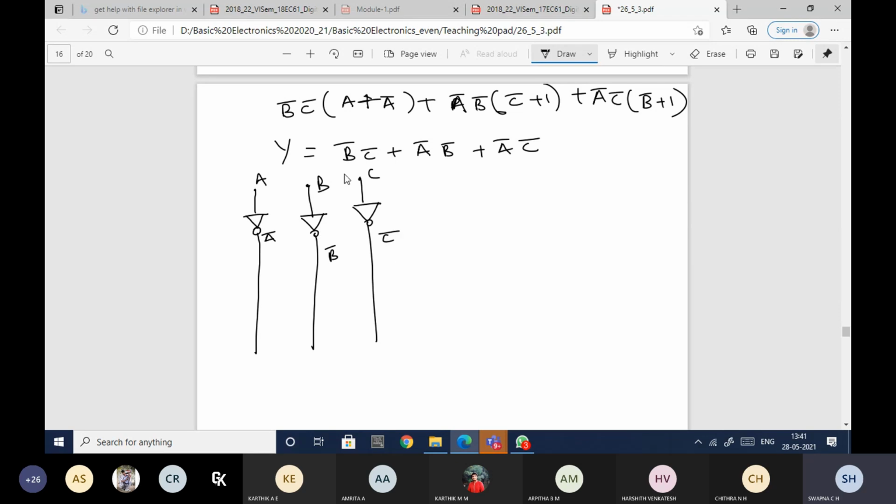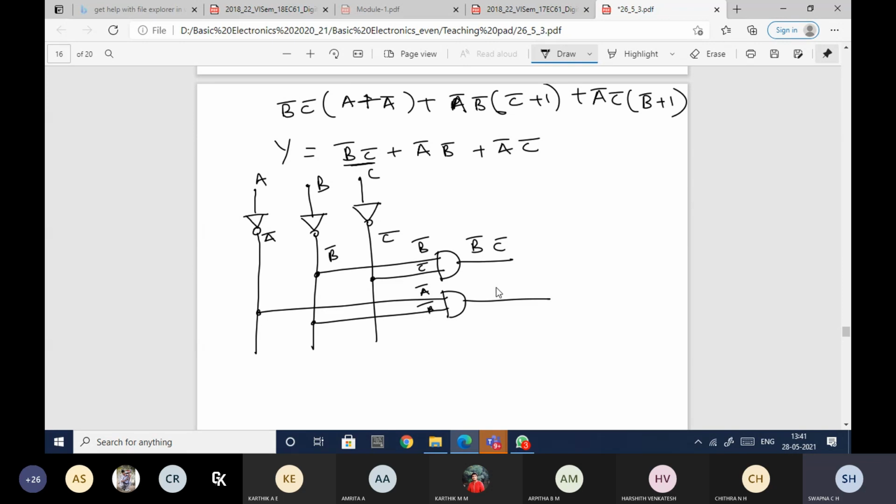If you take the first term, I have B bar, C bar. So this is my B bar and this is my C bar. Give it to the AND gate, so that my output here will be B bar C bar. Next A bar, B bar. Give it to the AND gate, I'll get A bar B bar. Next, last one, A bar, C bar.